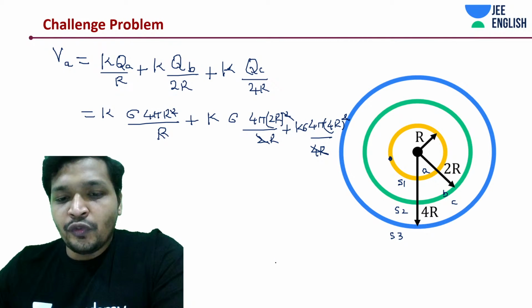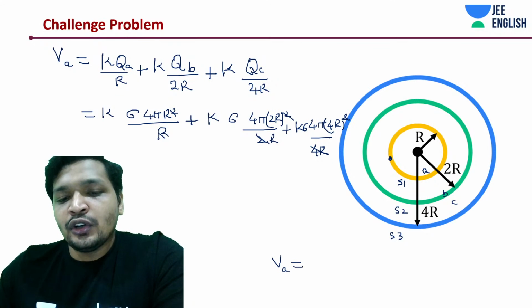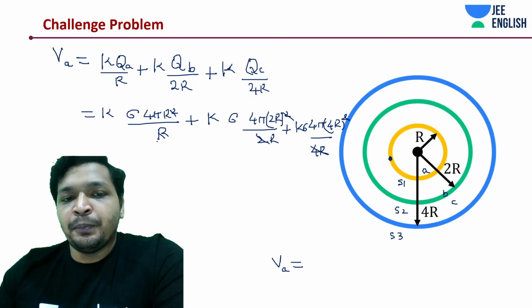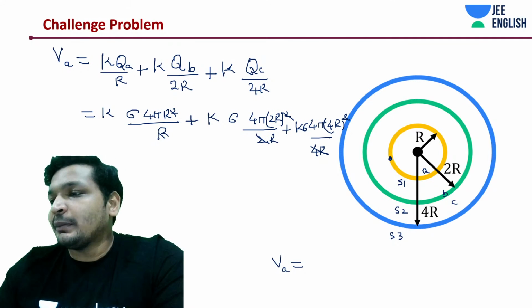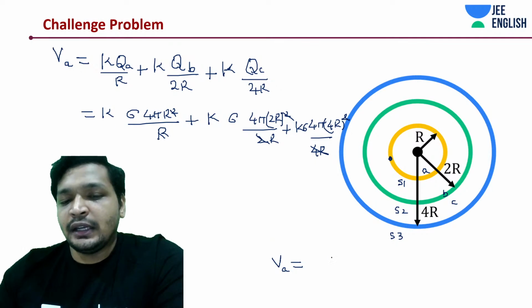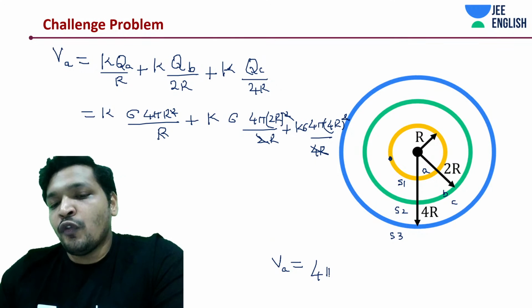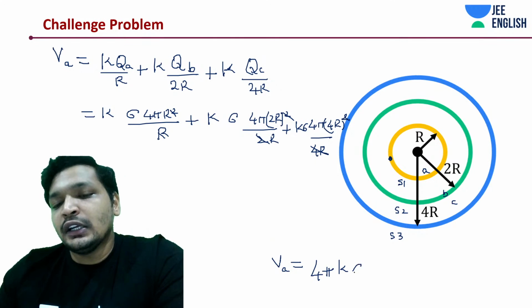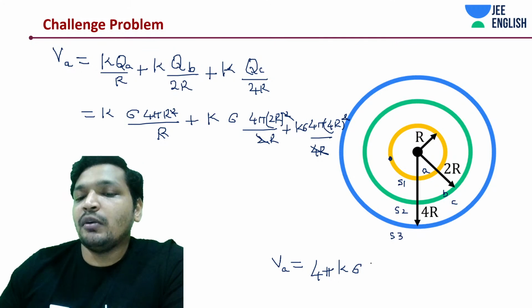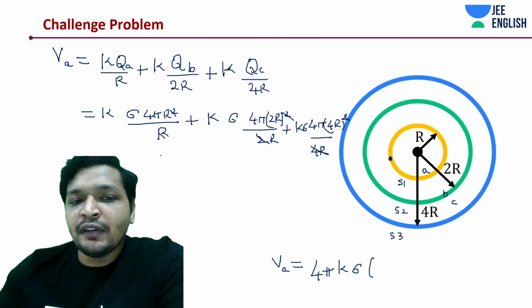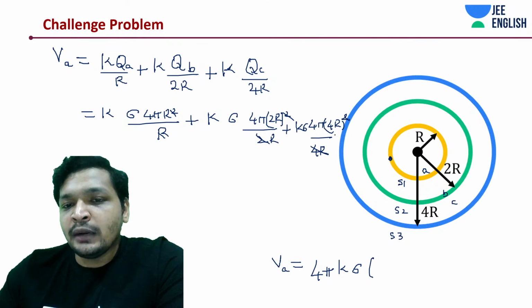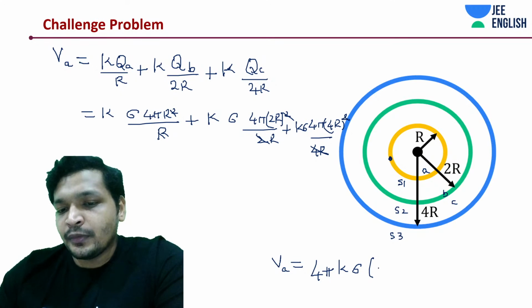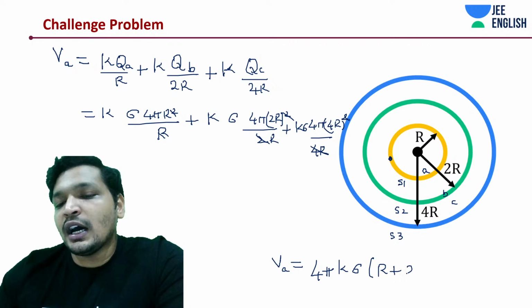So VA is equal to, I'm just pulling up this equation over here. 4 pi can be taken out as common, sigma can be taken out as common, k can be taken out as common. So 4 pi k into sigma has been taken out as common. Then inside that you would have R plus 2R plus 4R.